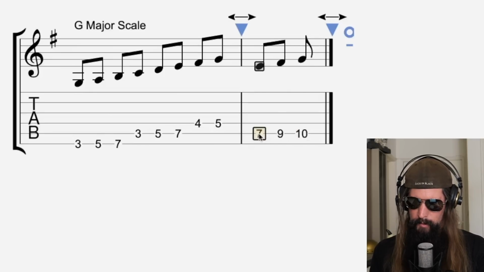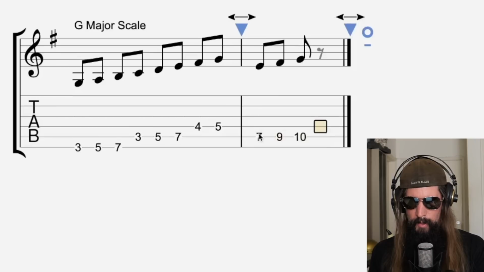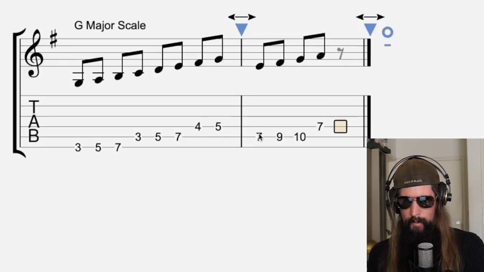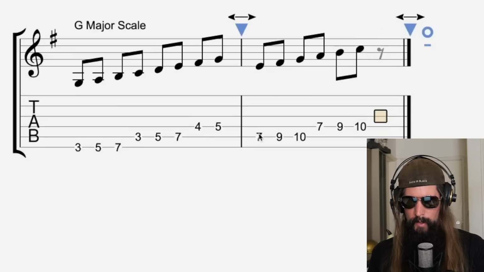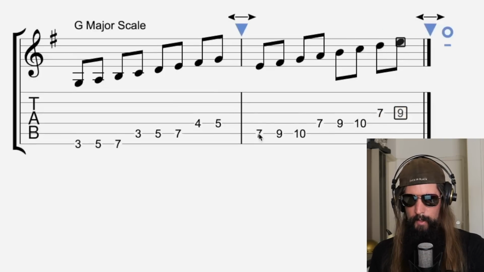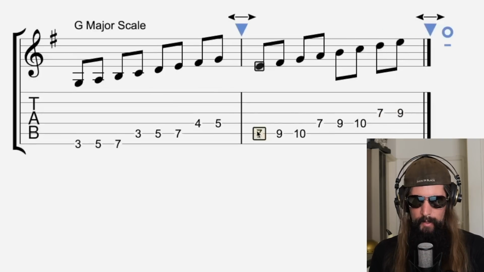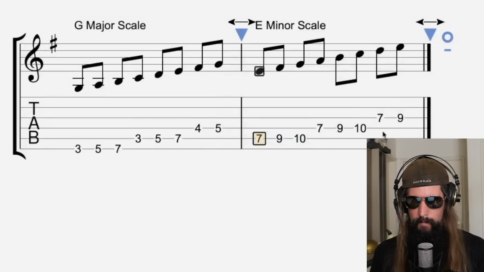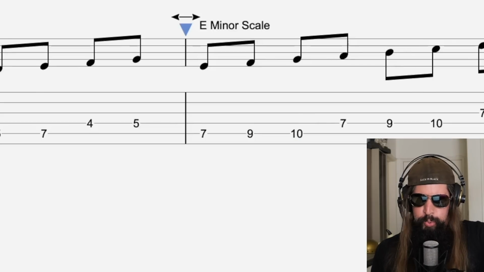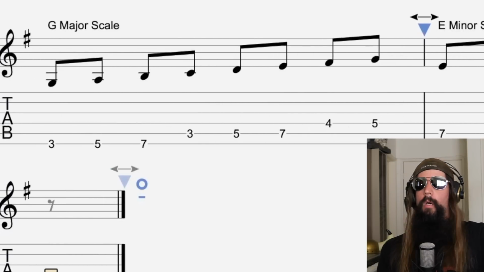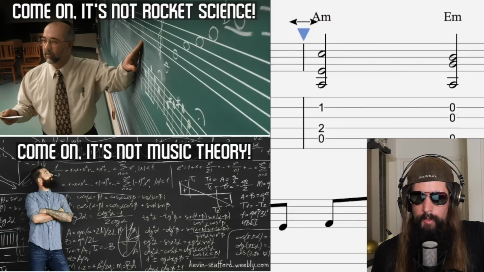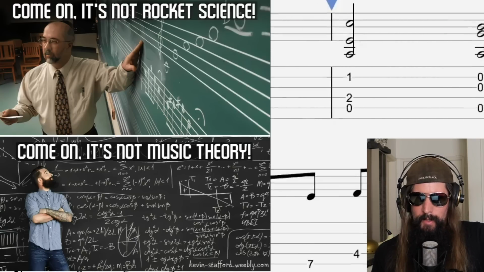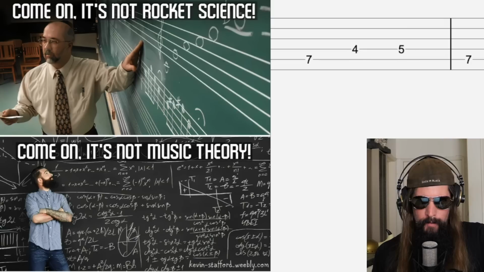But the numbers aren't the important part. It's E, F sharp, G, and then we have A, B, C, and then D back to E, and that gives us the E minor scale. Okay, boom, bang. Oh, it's so hard. Music theory is so hard. It's like rocket science. It's even harder than rocket science.